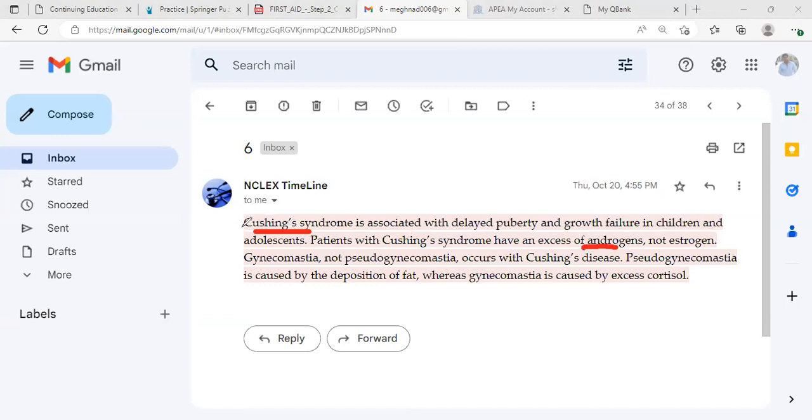So if you read this name, it is called CUS, right? And HING, whatever it is. But I want to tell you, my friend, U for up. So too much steroid hormone, too much androgen hormone.